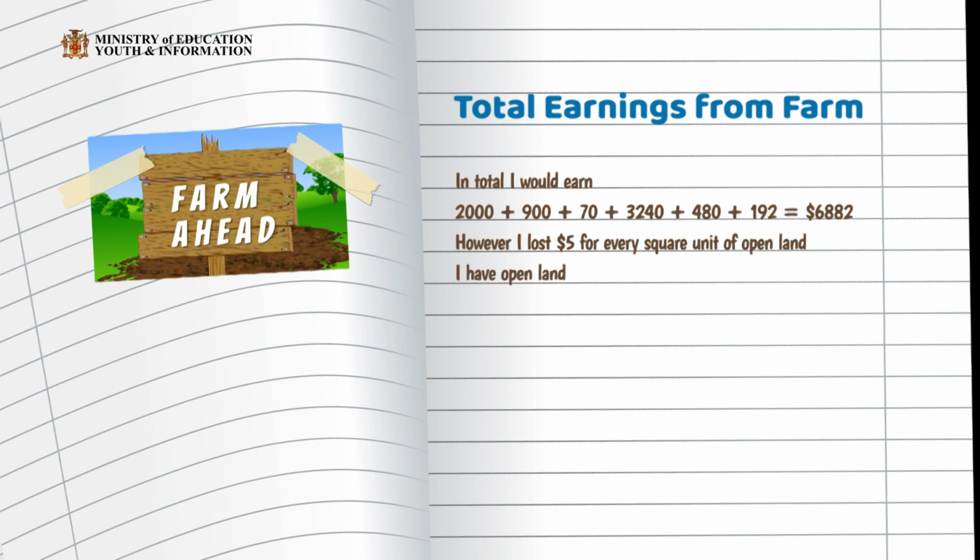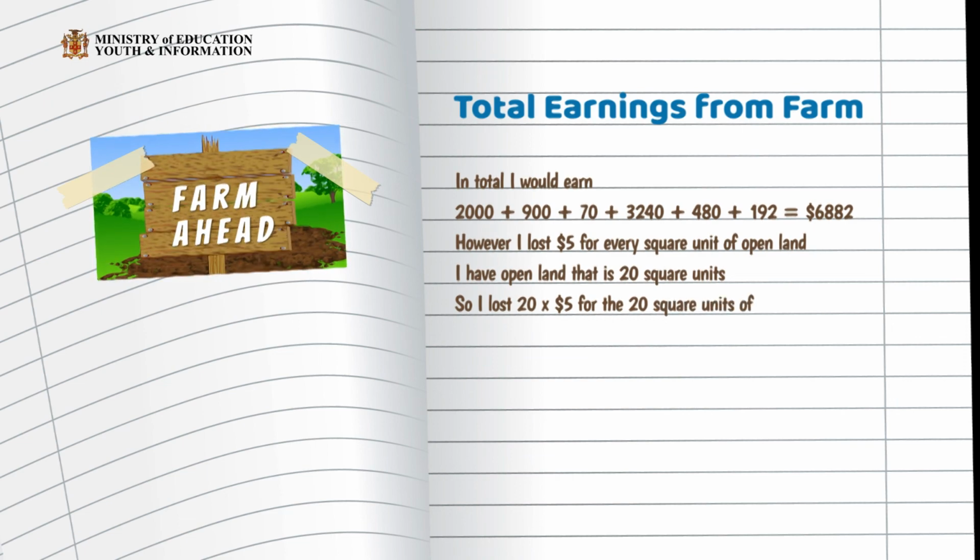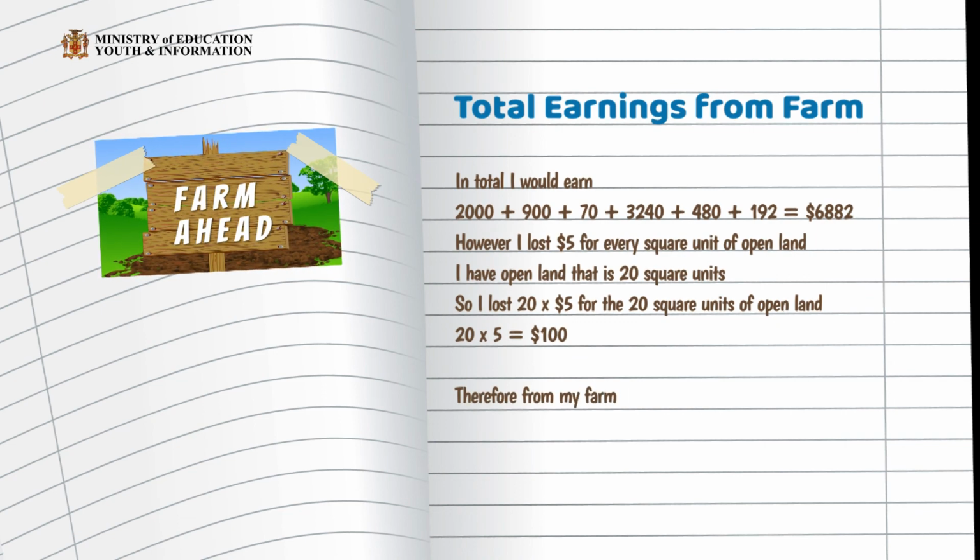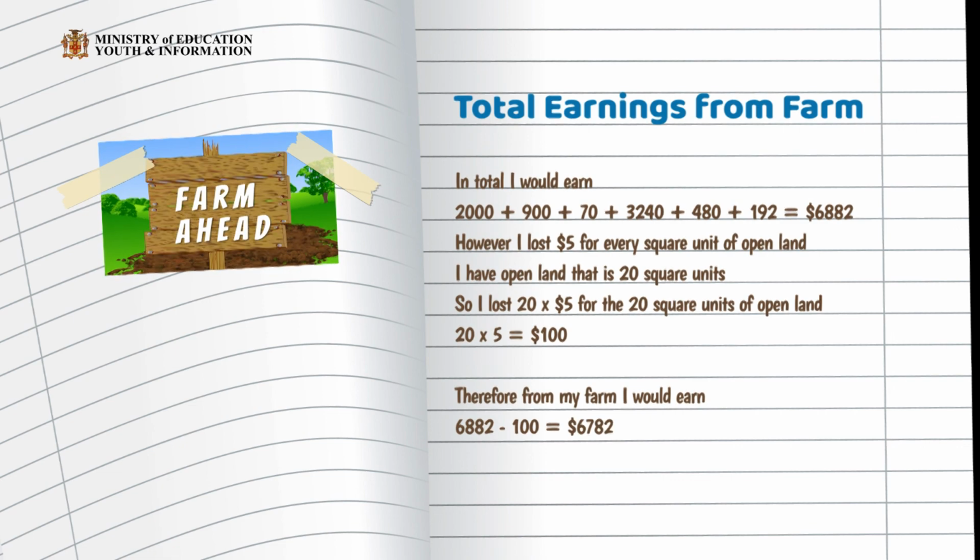I have open land here that is 20 square units. So I lost 20 multiplied by 5 for 20 square units of open land, which is $100. Therefore, from my farm, I would earn $6,882 minus $100, which would equal a total of $6,782. That's not too bad.